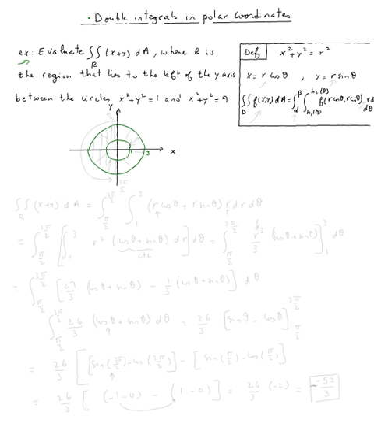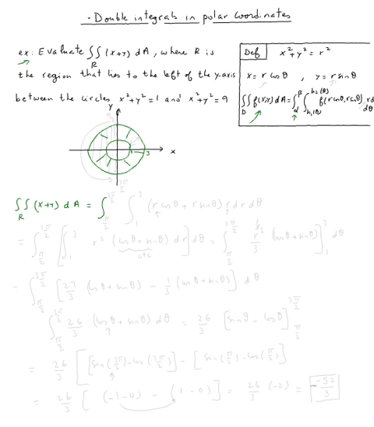Alright, so again, using the definition, the double integral over R of x plus y dA is going to be equal to the integral with theta going from alpha to beta. Remember, our region will be the annulus between those two circles.